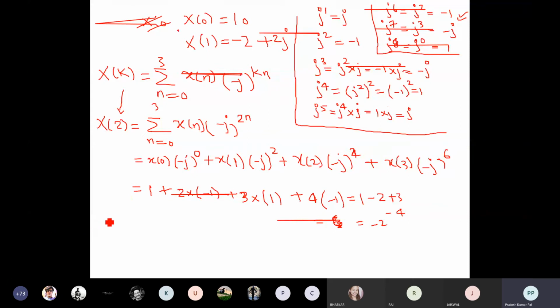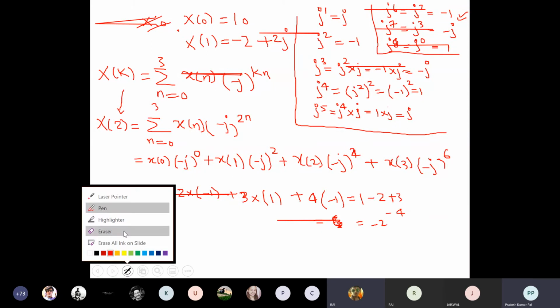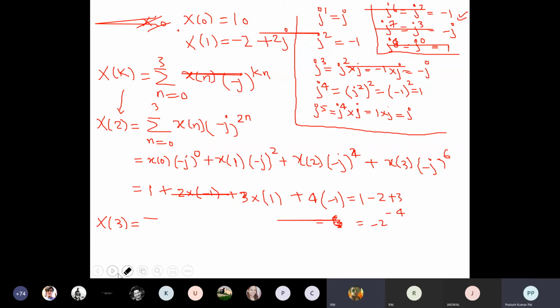Similarly, we will find the last value, that is x of 3. The x of 3 will be a similar summation: summation n equals 0 to 3 of x of n into minus j to the power 3n instead of 2n. So we will solve it again.